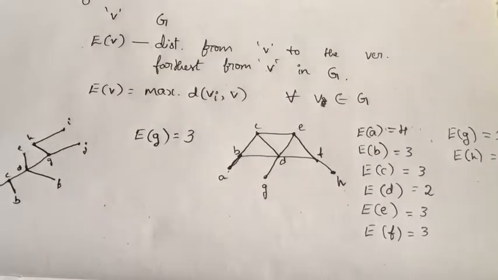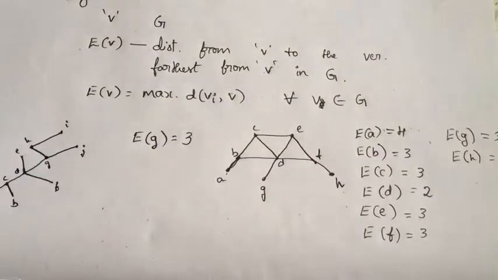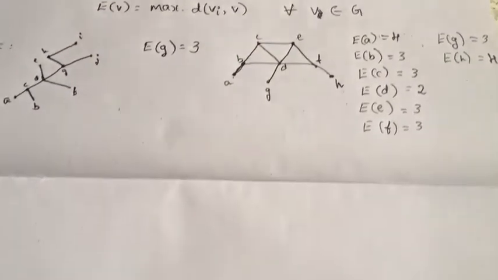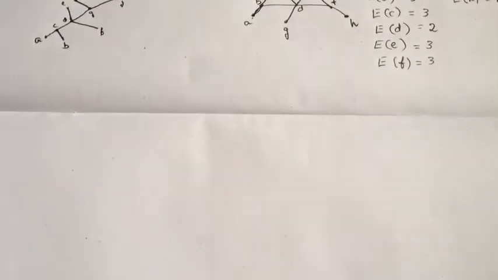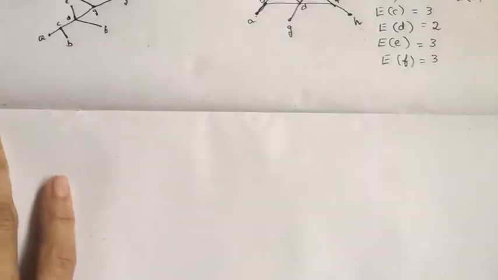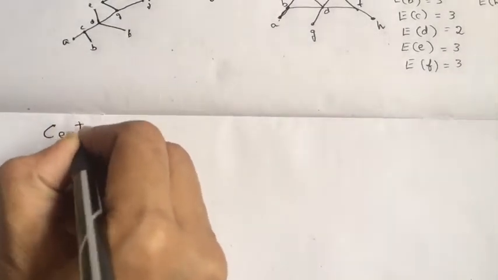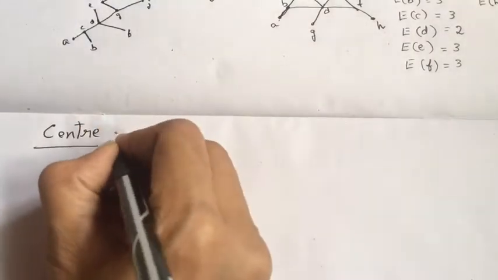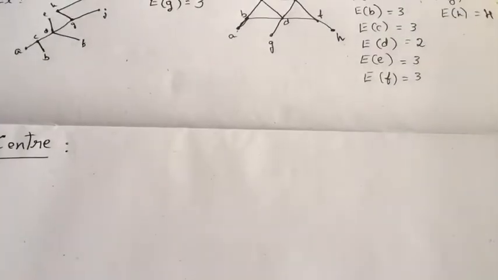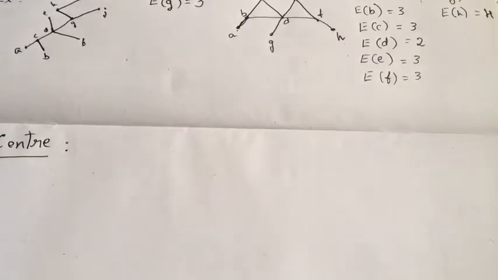Like that, eccentricity of any vertex is the distance from that vertex to the vertex which is farthest from it. One more term is the center of a graph or center of a tree. Center is nothing but the vertex with the minimum eccentricity.